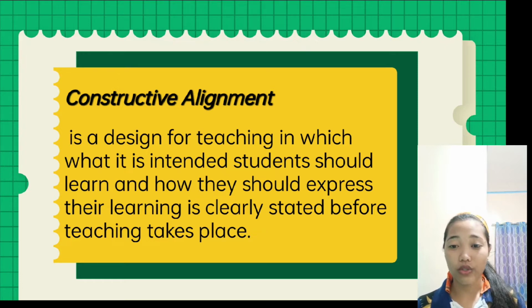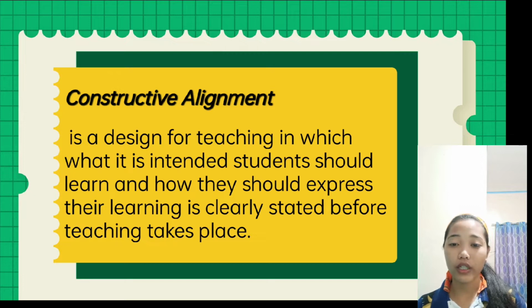This is a design which teachers use to teach students what they need to learn, and how to express their learnings, how to share their ideas and opinions or learning that they have learned inside or outside of the class before the teacher will give or discuss the main lesson for that class session. So that is what constructive alignment is.